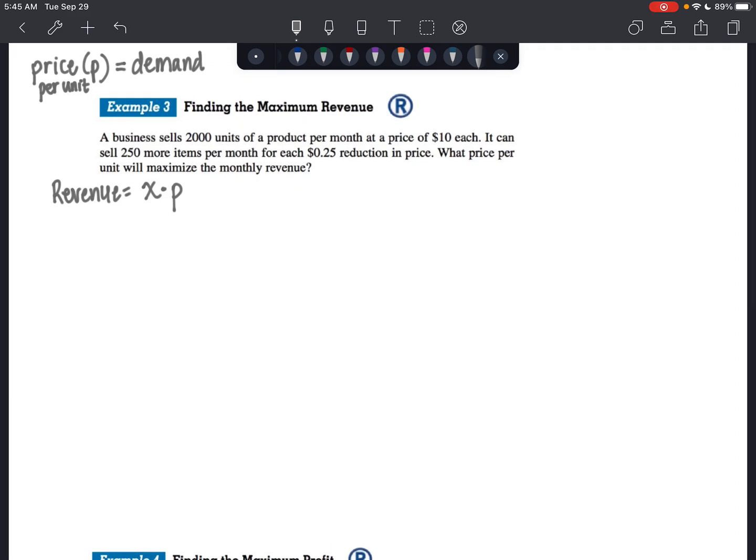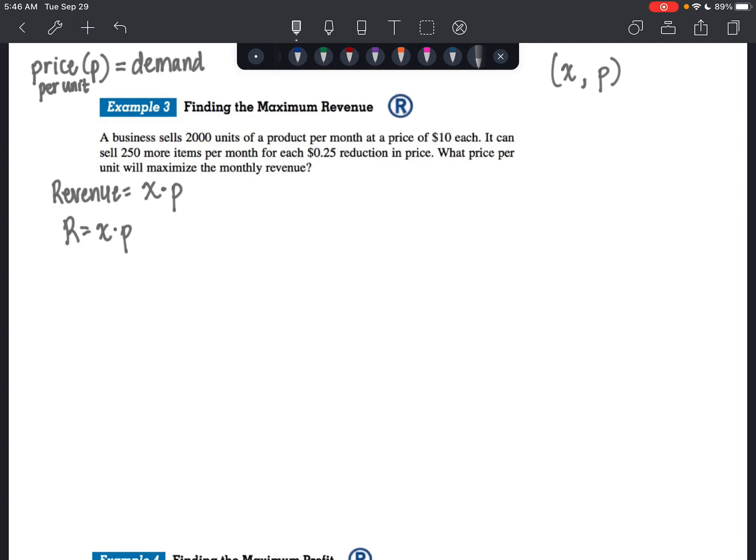We also need to recall that revenue is equal to x times p, that our ordered pair is going to be x comma p for the information that they're giving us in the problem so that we can replace lowercase p with an expression in terms of x.